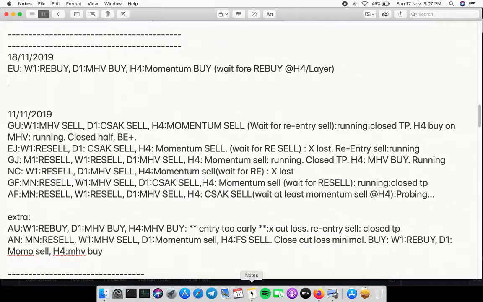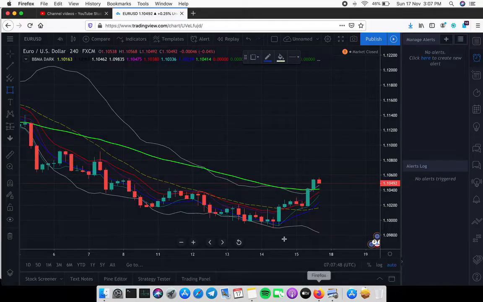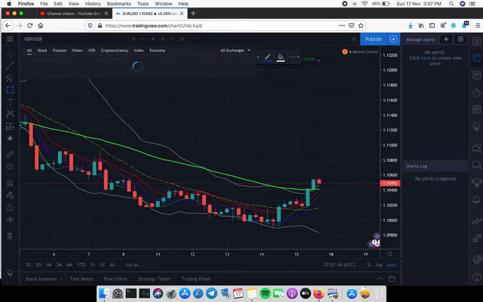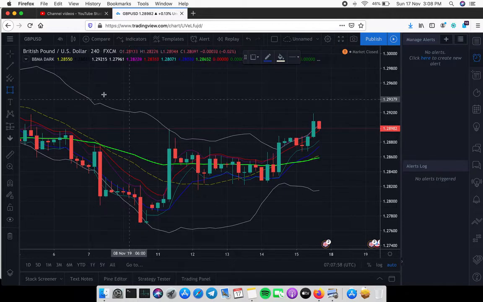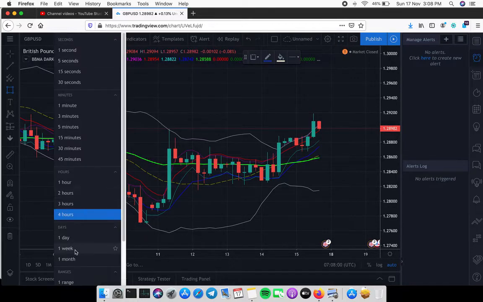Then let's move to the next pair, which is GBP USD. We go back to the weekly.